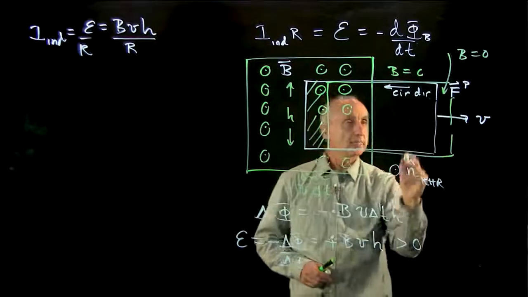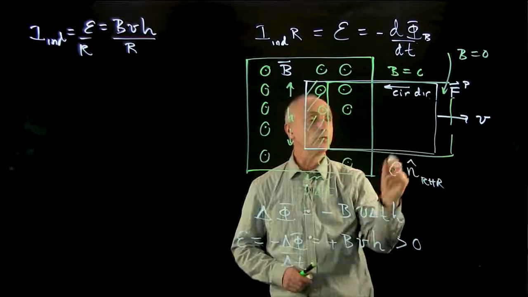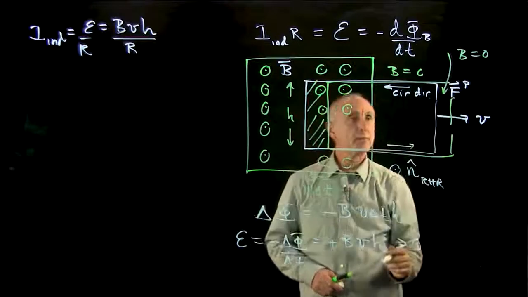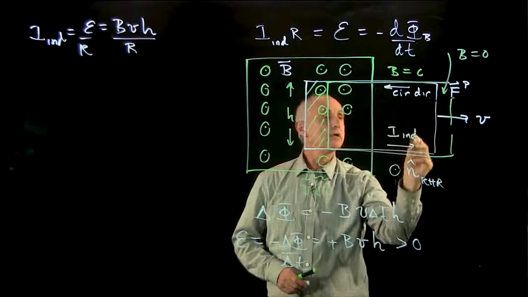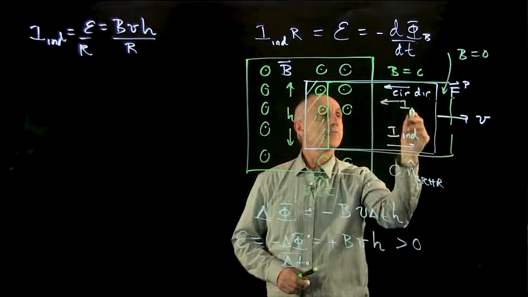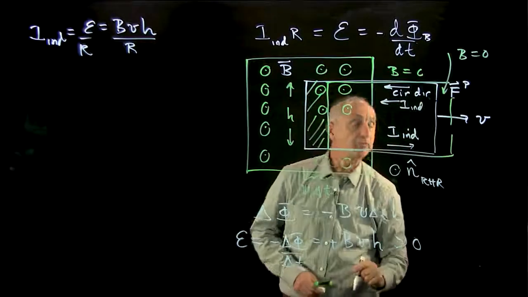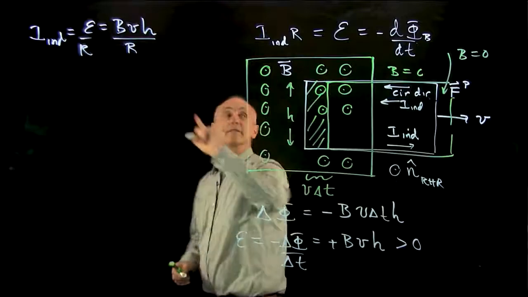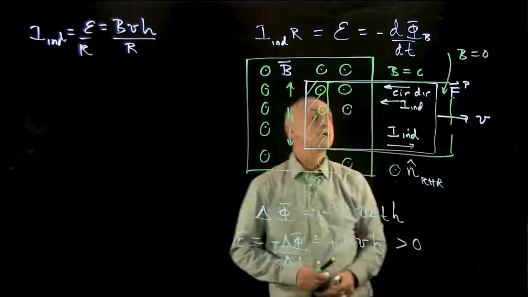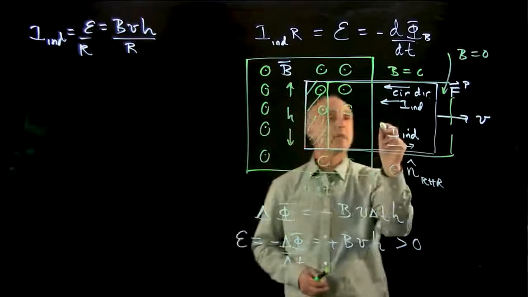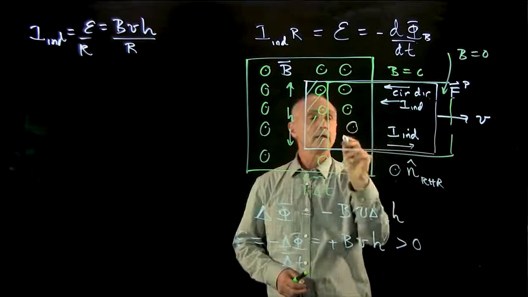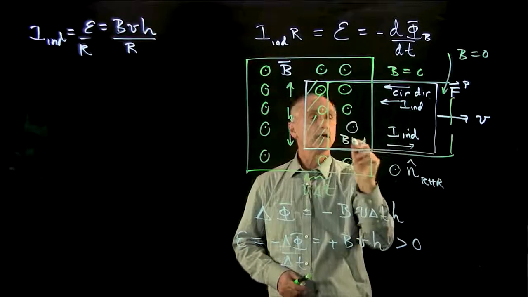And because that's consistent with my right-hand rule, and because I have a positive flux, that tells me my induced current, positive not flux but EMF, that tells me that my induced current is going in that direction. And that tells me that my induced field, B induced, is in that direction.